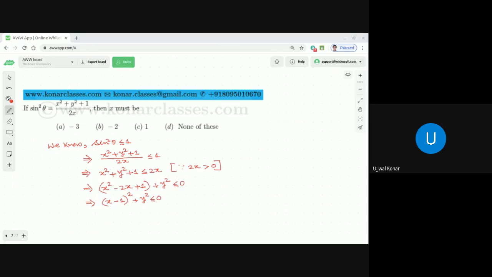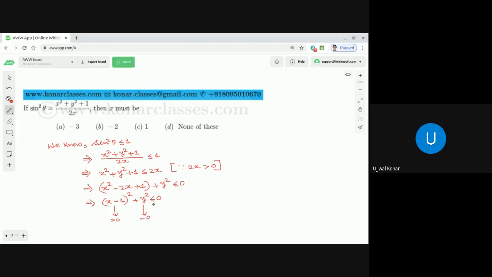And this inequality is only possible when x is equal to 1 and y equal to 0. Because left hand side is a sum of squares of two numbers, which is always non-negative. It can at most be 0 if each individual term is 0. That means if x minus 1 is equal to 0 and y is equal to 0, then only it is possible to have equality.